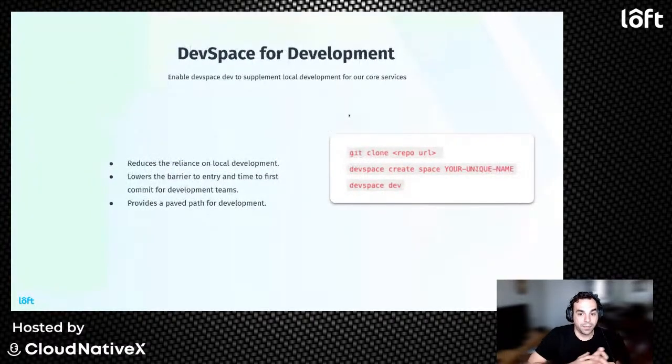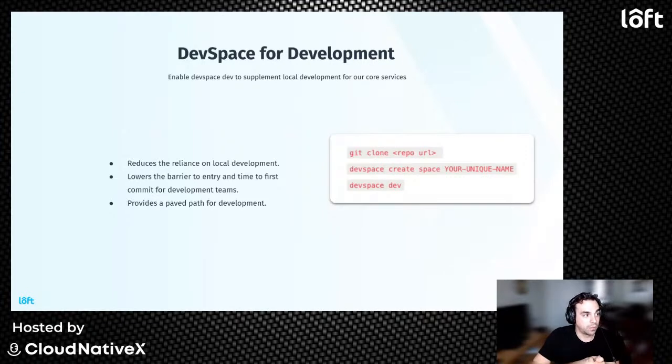and it's the same way that our dev cluster is working. So the next piece is DevSpace for development. Again, this was the whole concept of pairing your local development volume with a remote container and developing remotely. What we were trying to do here is reduce the reliance on needing to develop locally.